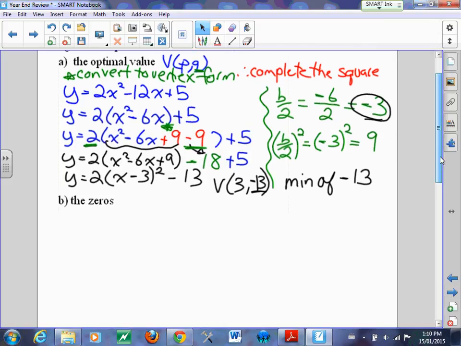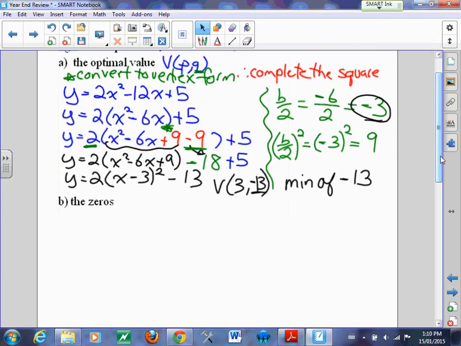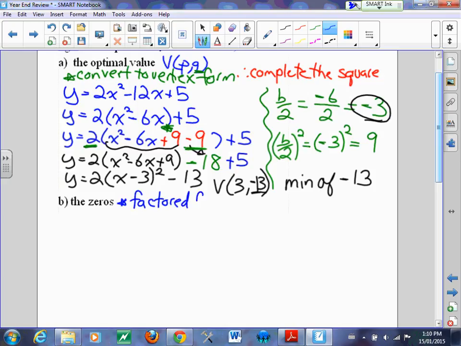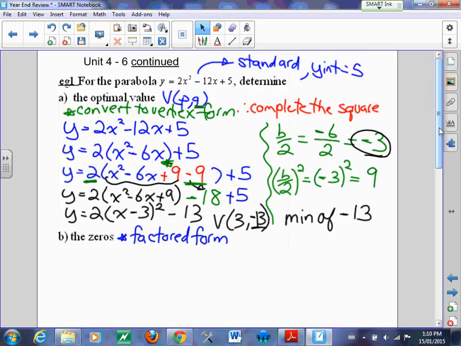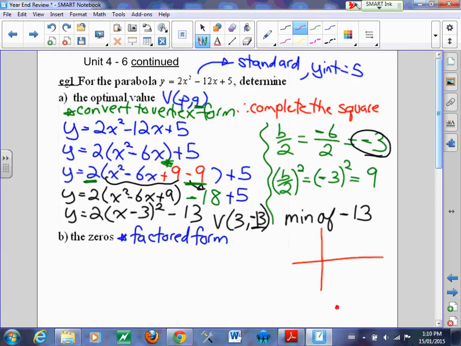All right. Next thing it says, we want to find the zeros. So to find the zeros, folks, we need to get it into what's called factored form. And if you find that you're a visual person like I am, what do we know so far? We now know that the vertex is at 3 and -13, so it's down below.